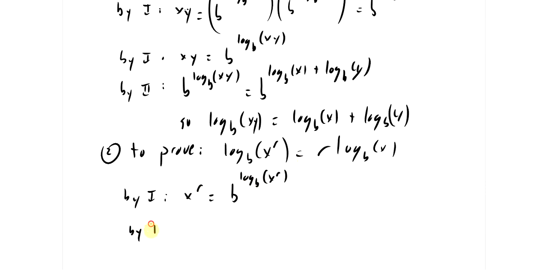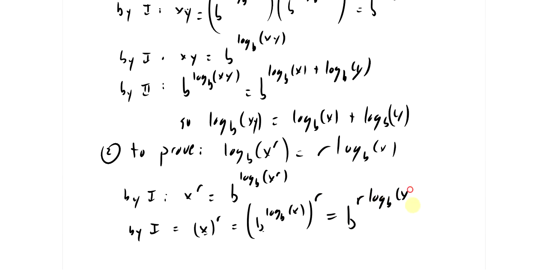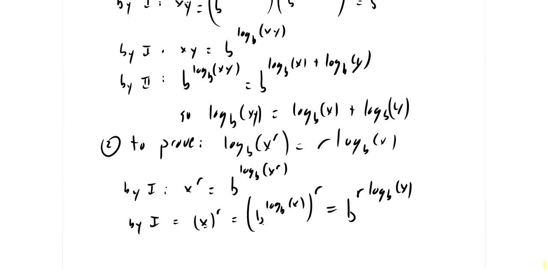But if we are a little bit trickier about this, what do we get? We get x raised to the r, so the same thing here, is b to the log base b of x, right? That's just dealing with this thing in the parentheses, raised to the r. Now, if something raised to something raised to an exponent, I can multiply the exponents together, b to the r log base b of x. Great.